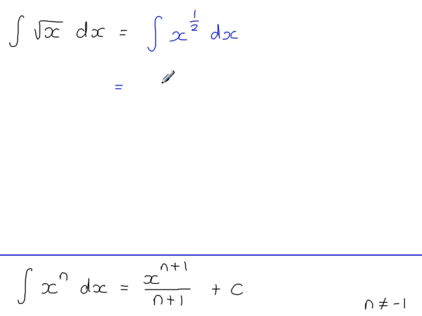So increasing the power by 1, that gives x to the power of 3 over 2, and then we're going to divide by this power, plus c, and dividing by a fraction is the same as multiplying by the reciprocal of this fraction. So if you flip this fraction over and then multiply by it instead, so instead of 3 over 2, you multiply by 2 over 3.